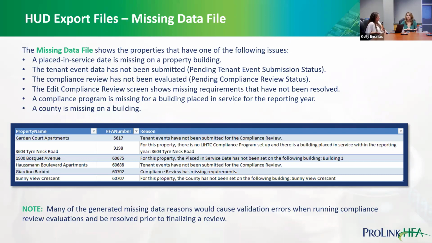It will tell you if there's a county missing on the building, a compliance program is missing, or you don't have your income limits loaded for the year. The hope is that all of these will be taken care of by the time you've evaluated and finalized your reviews.